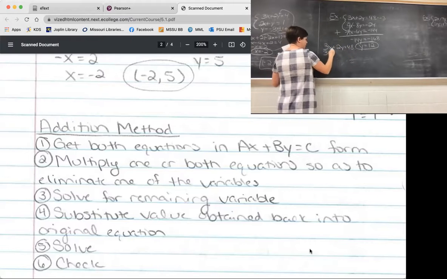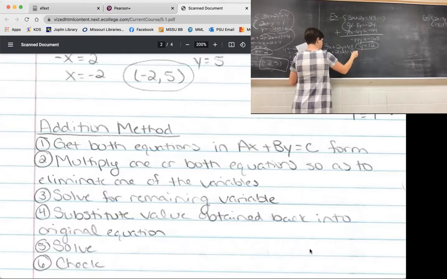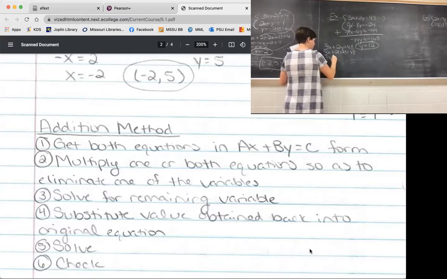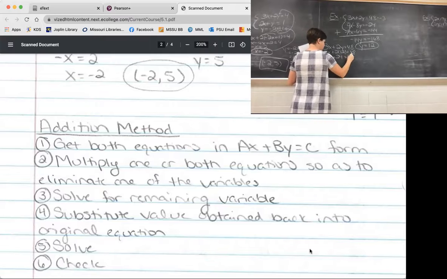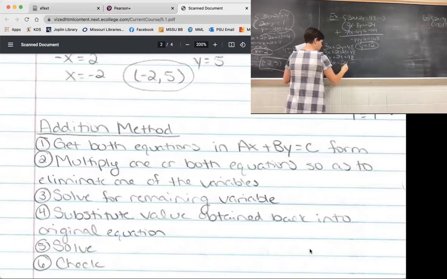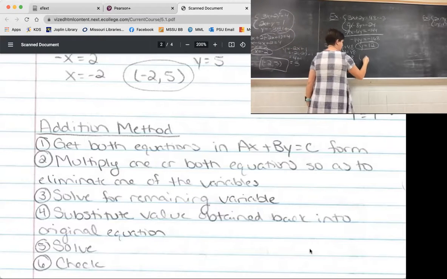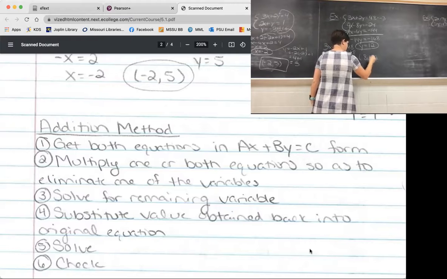I have 3x plus 2 times 12 equals 48. 3x plus 24 equals 48. I get 3x equals 24, so x equals 8. So my ordered pair is 8, 12.